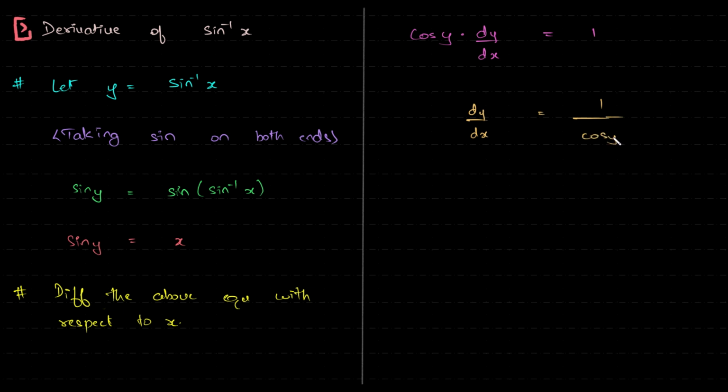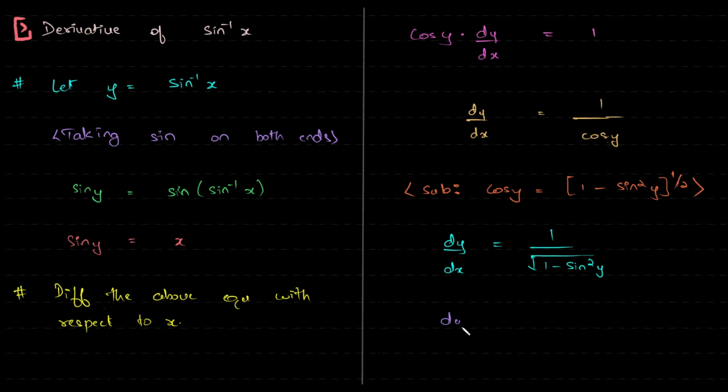Of course, we need the answer in terms of x. But x is equal to sine y, not cos y. How can I express sine y or cos y in terms of each other? We are going to make use of cos y, which is the root of 1 minus sine square y. It's not that hard. So we have dy by dx is equal to 1 by square root of 1 minus sine square y.